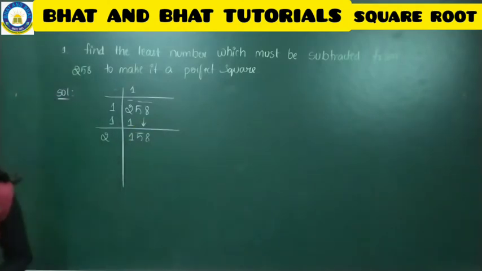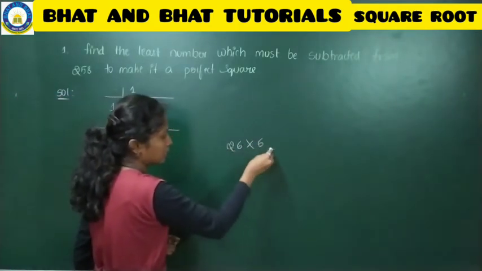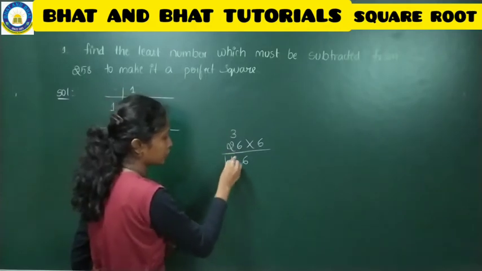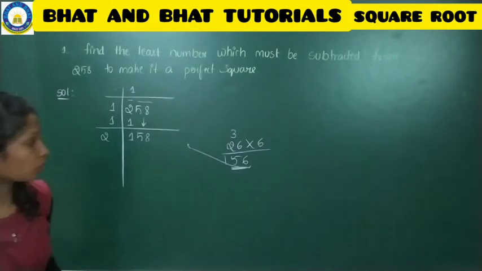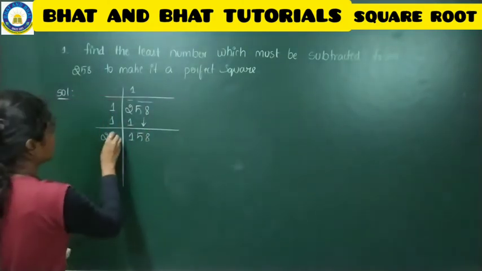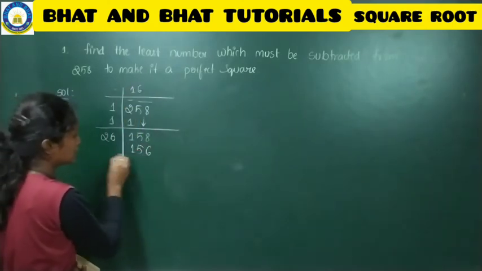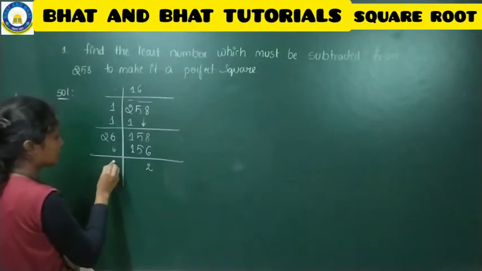Now I'll check with 26 6. 6 6s are 36, 6 2s are 12, 13, 14, 15. So where it is nearest to 158, I take 26 6 up. So 26 6 up, 156, and here the remainder remains 2.